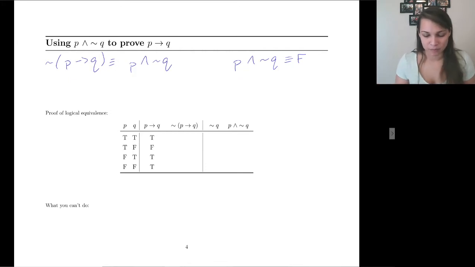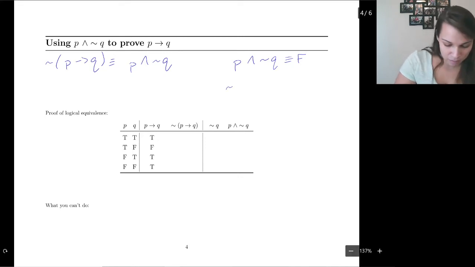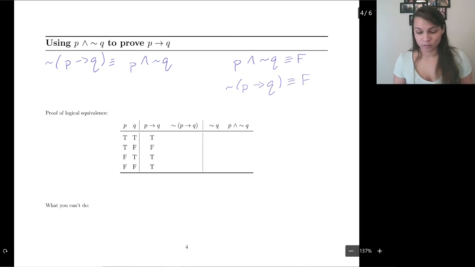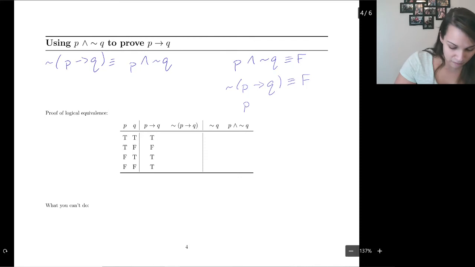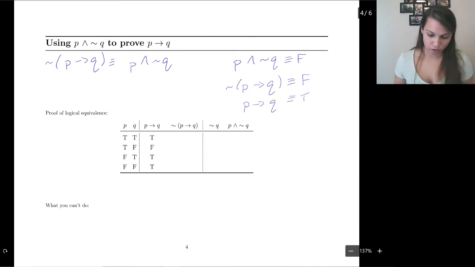One of those sorts of problems. So if P and not Q is false, that means not (P implies Q) is also going to have the same truth value of false, which means our original statement, P then Q, would be true.